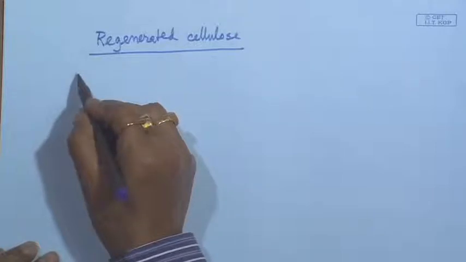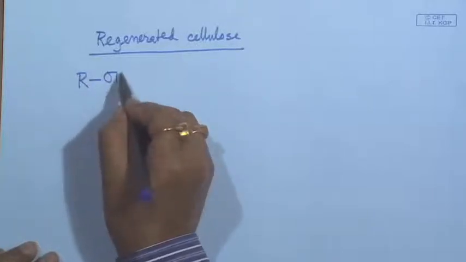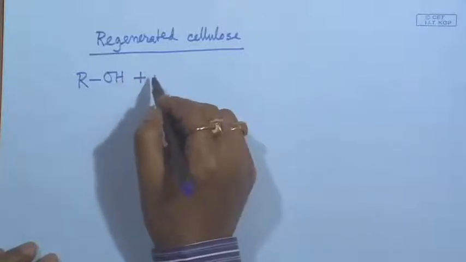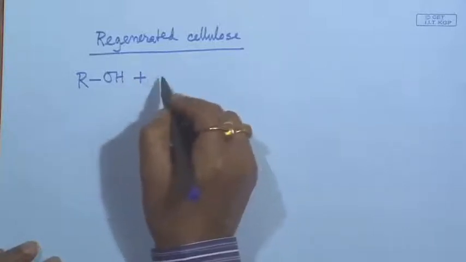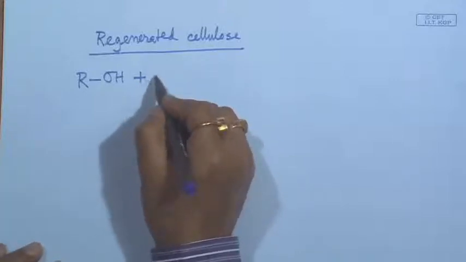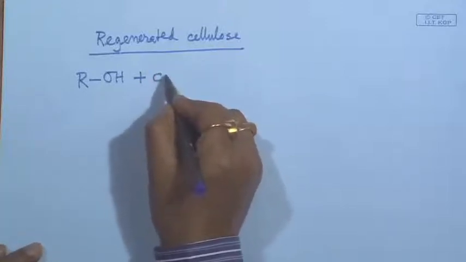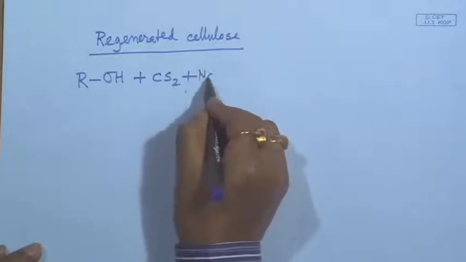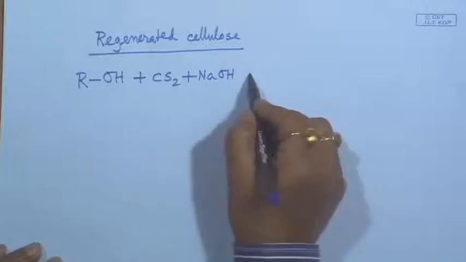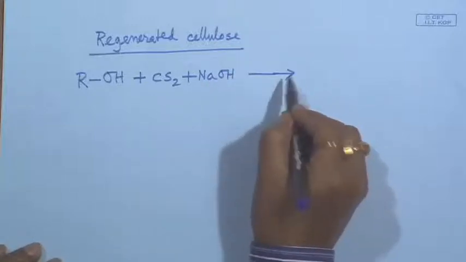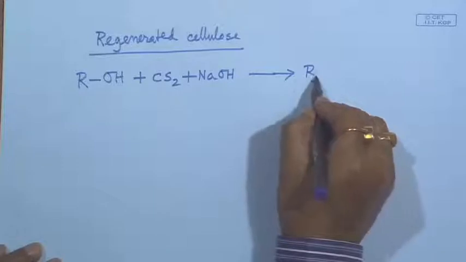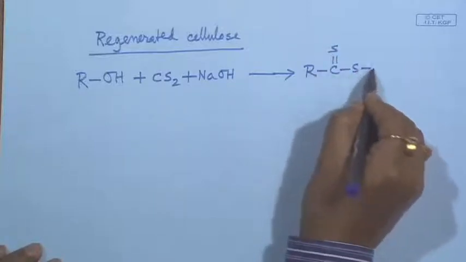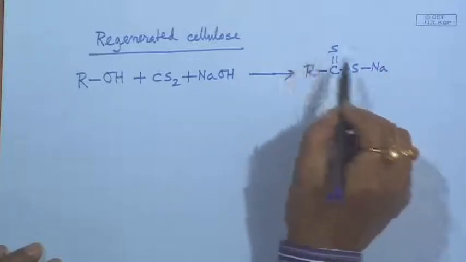This is prepared by, suppose this is cellulose, ROH. In one of the techniques of the different regeneration processes, it is reacted with carbon disulfide and sodium hydroxide, and it forms sodium cellulose xanthate. This is soluble.